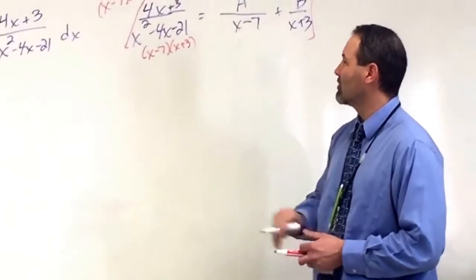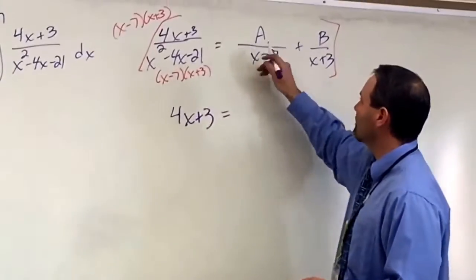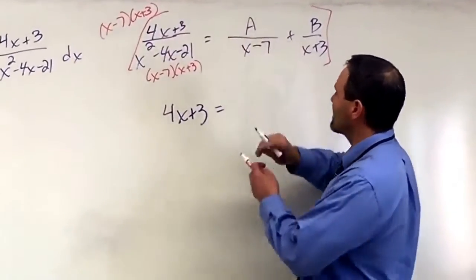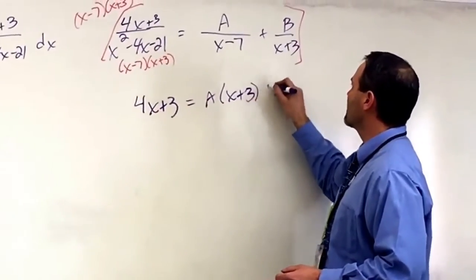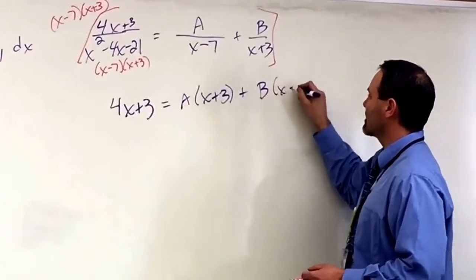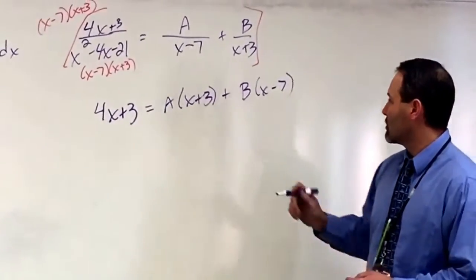Okay, so if I distribute on the left side, what will I have left? Just the top. Good, 4x plus 3. And if I distribute it to here, the x minus 7s will cross off, so it's A times x plus 3, and then B times x minus 7. Are you with me? Yes.